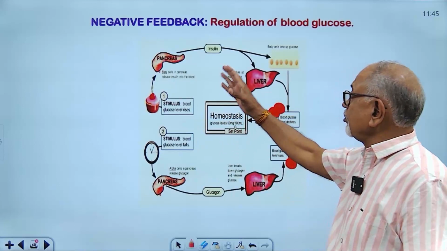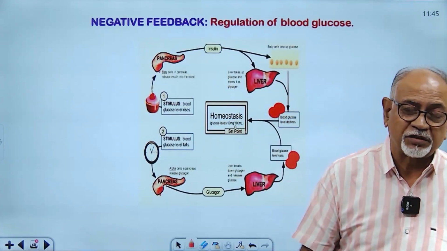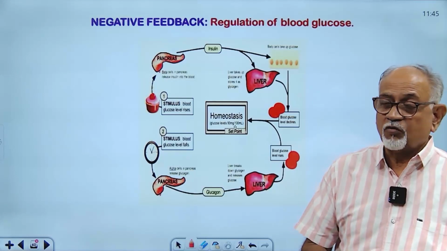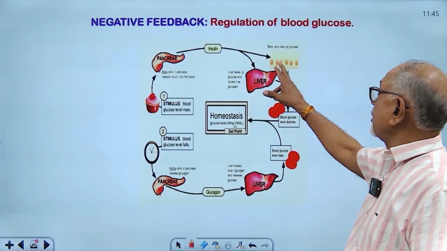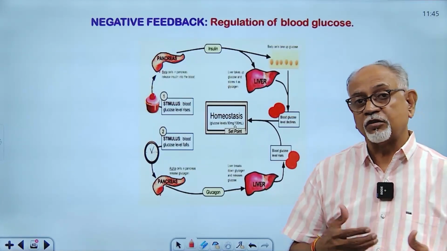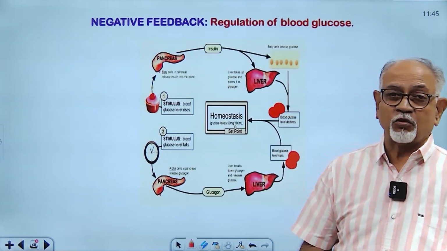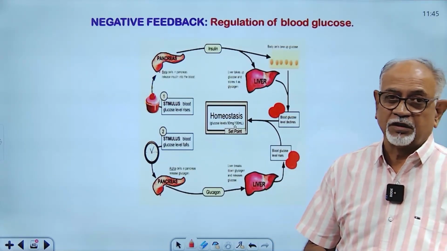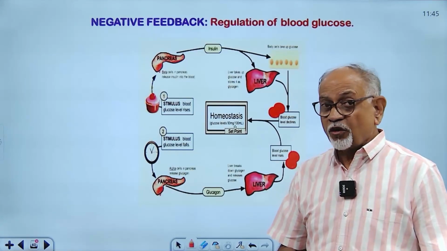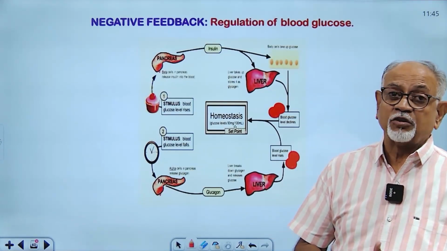Now this insulin reduces the amount of glucose in blood in two ways. One is by stimulating the body cells to use the glucose, and second, by converting glucose into glycogen, a process called glycogenesis.